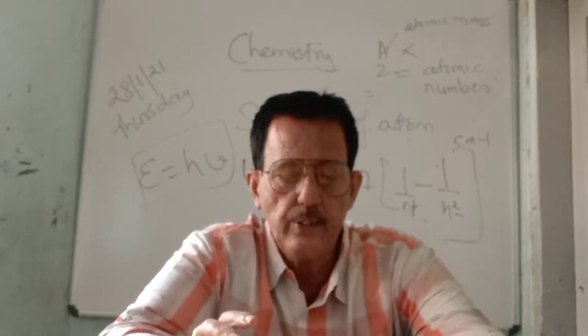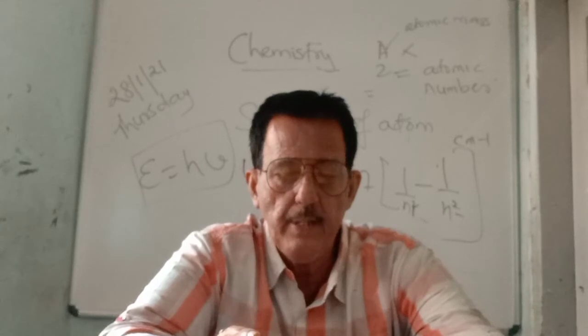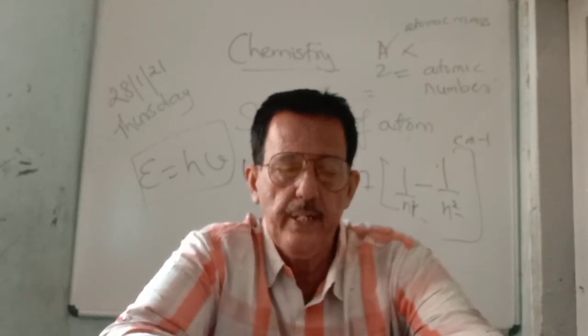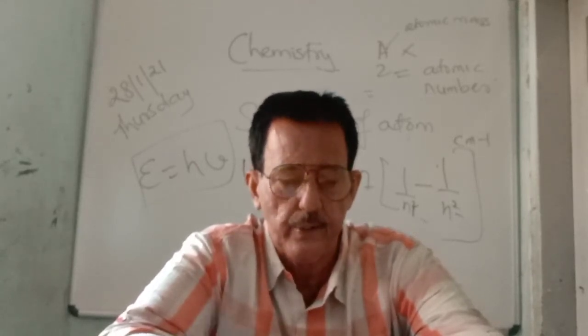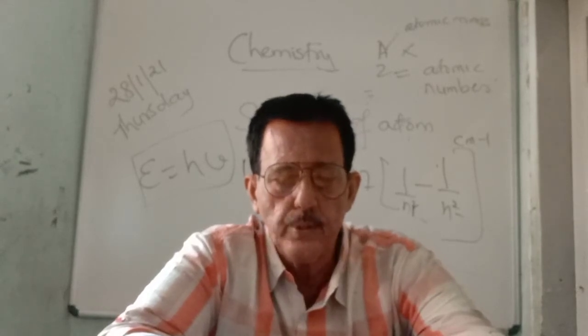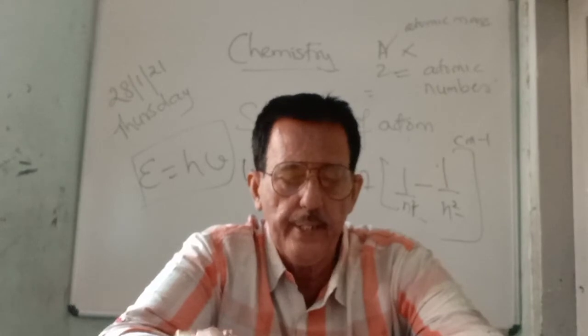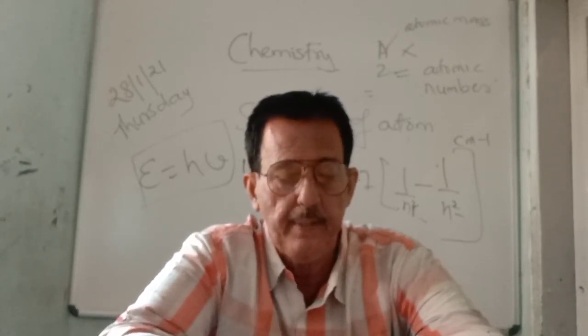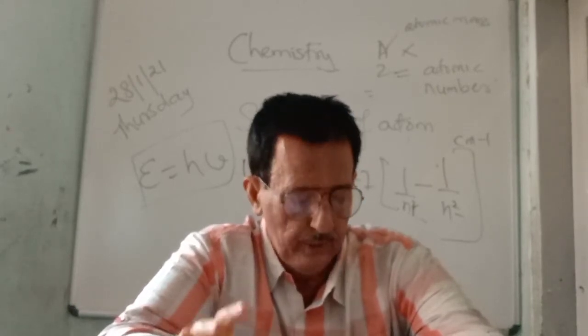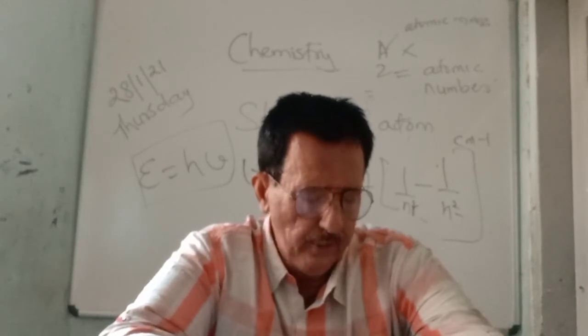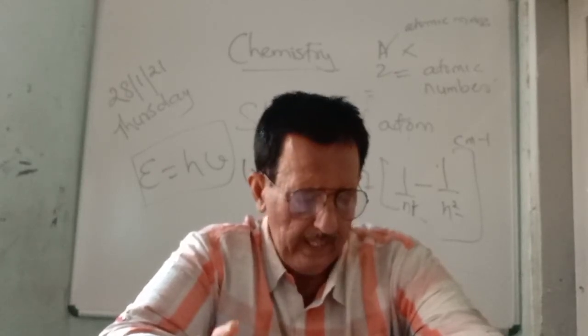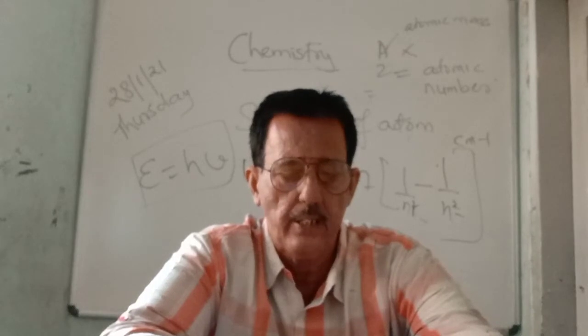Second, all isotopes of an element have the same number of protons but a different number of neutrons in their nuclei. All the isotopes of an element have the same position in the modern periodic table and the same chemical properties. So this is about isotopes, and isotopes also I am going to discuss now.